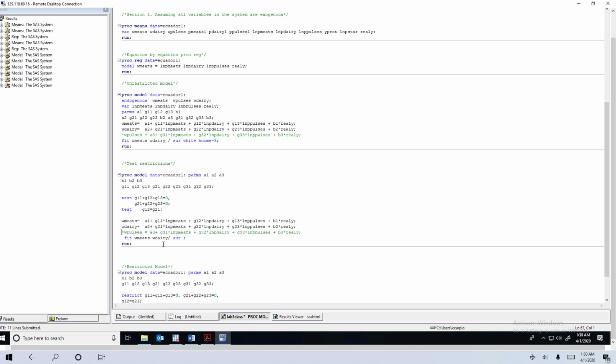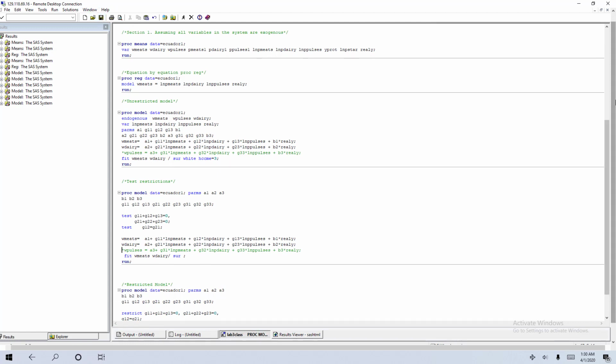Well, it happens that since you drop one of the equations, in a way you are kind of imposing that restriction. By dropping the equation, you are imposing the adding up restriction. Basically the model forces you to impose it in a way by doing that. Okay, so let's do that.